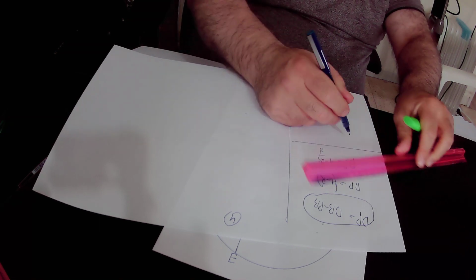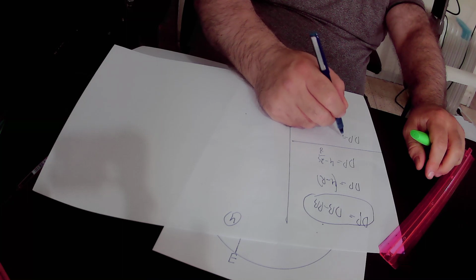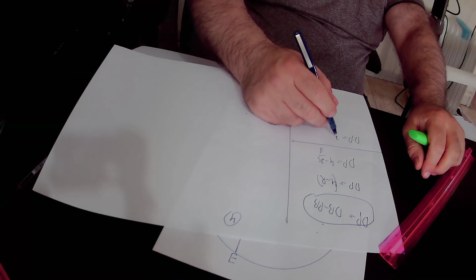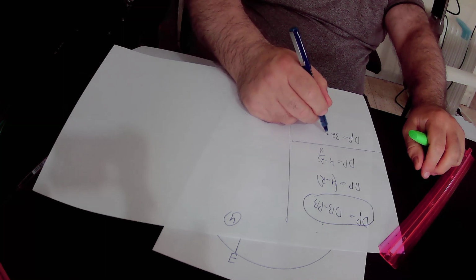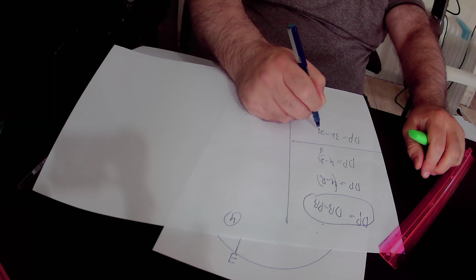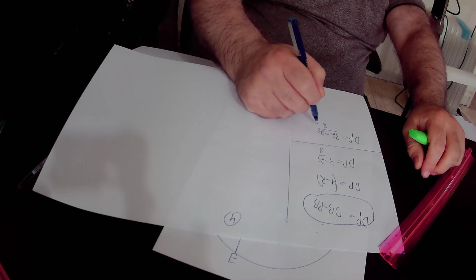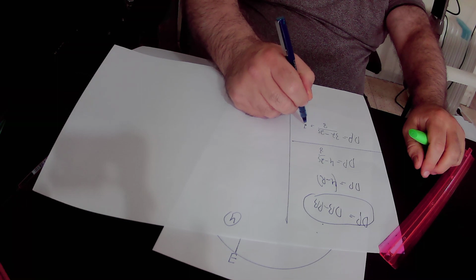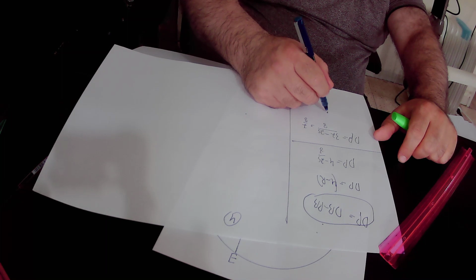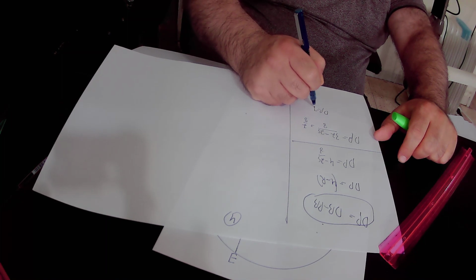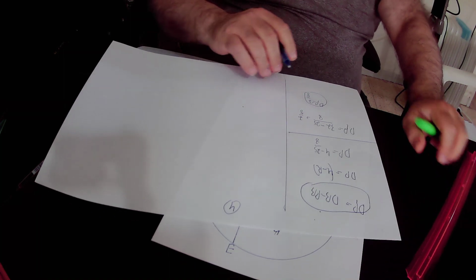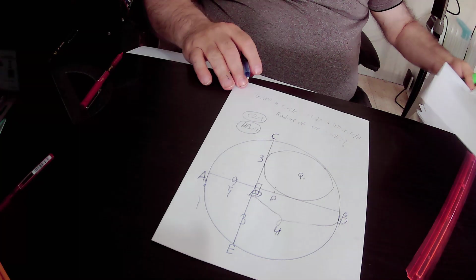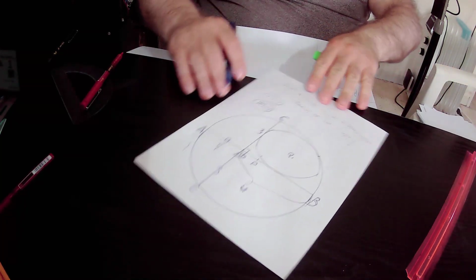And we get that DP is equal to 4 times 8 is 32, minus 25 over 8. 32 minus 25 is 7. So in conclusion, we found out that DP equals 7/8. DP equals 7/8.